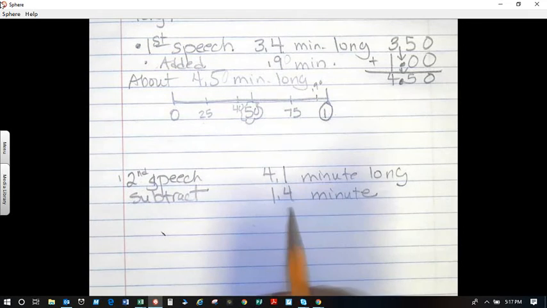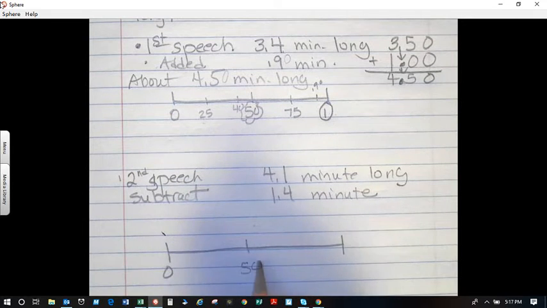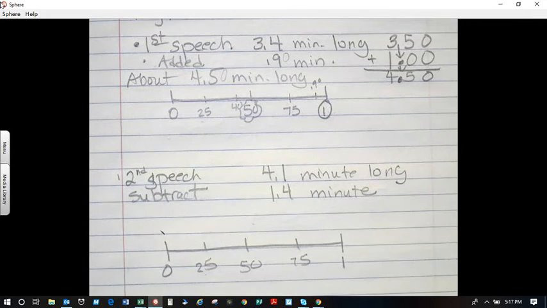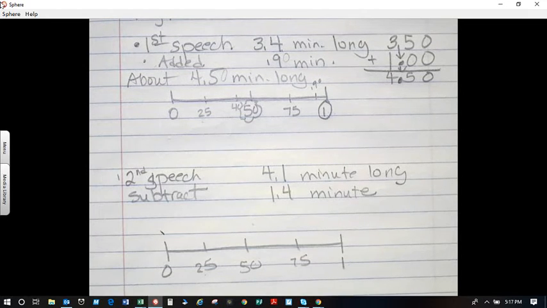The second speech, I'm going to make my benchmark. 0, 50 in the middle, 1 whole, cutting this into fourths. So this is 25 and then 75. That's my 3/4. So I have 1/4, 2/4, 3/4, and 4/4, which is equal to 1 whole.